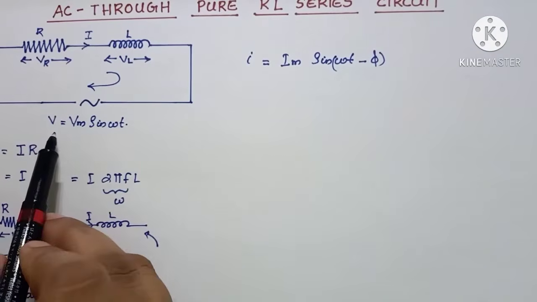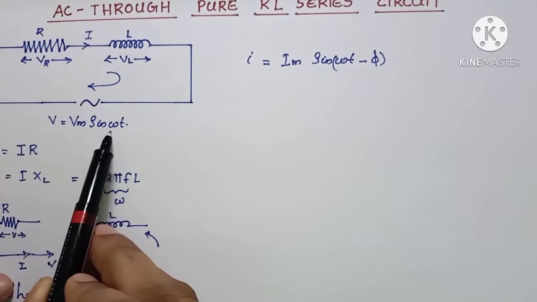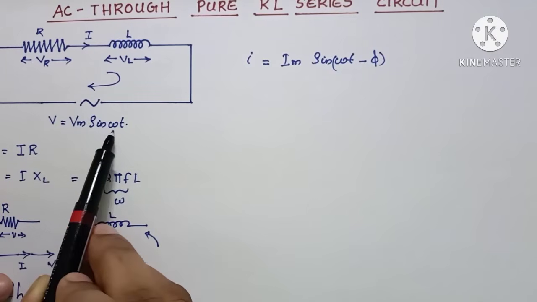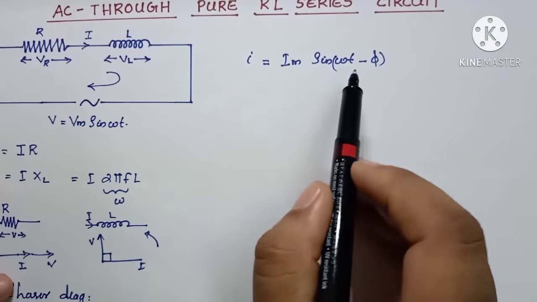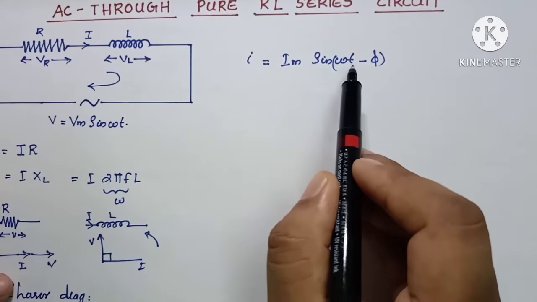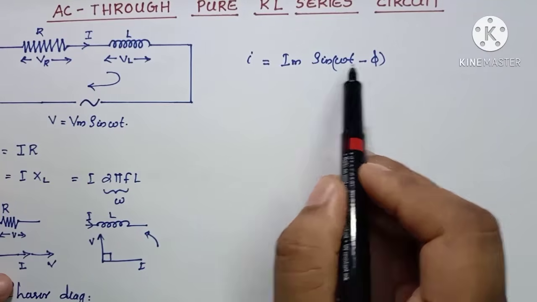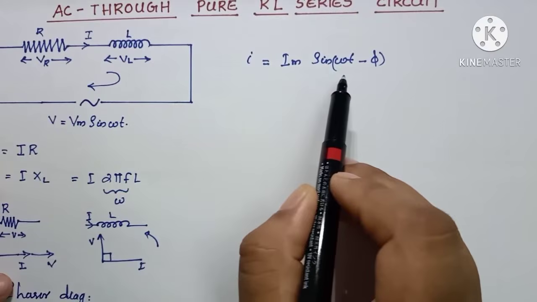So in a pure RL series circuit, omega t is the phase at time t, and v will be equal to Vm sin omega t. And in the case of current, at the same time t, the phase will be omega t minus phi, and at that time i is equal to Im sin (omega t minus phi).